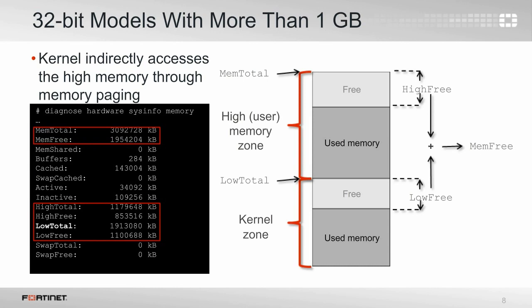The part of the memory that is accessed using memory paging is called high memory. The command diagnose hardware sysinfo memory displays the following: the total amount of low memory, the amount of free low memory, the total amount of high memory, the amount of free high memory, the total amount of system memory, and the total amount of free memory.